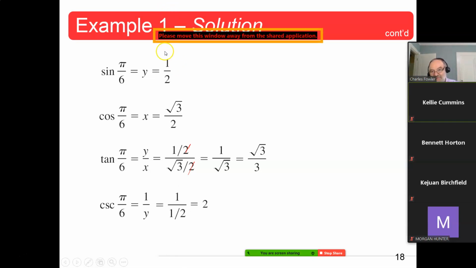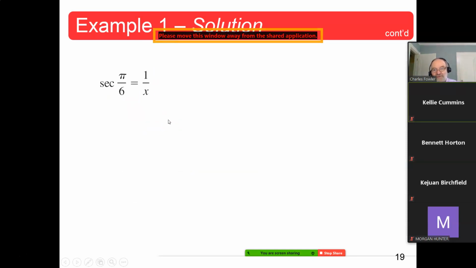I just find it easier to reciprocate rather than write it like that, but you can write it like that, it's perfectly fine. The secant is the reciprocal of cosine, 1 over x, so that's going to be 2 over root 3, which, if you rationalize the denominator, is 2 root 3 over 3.